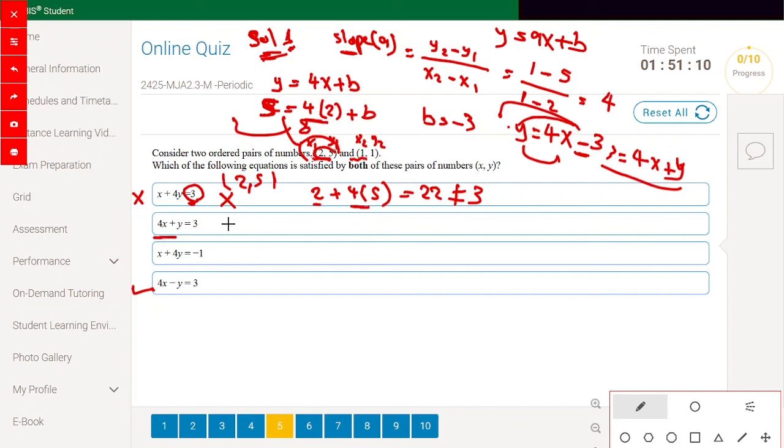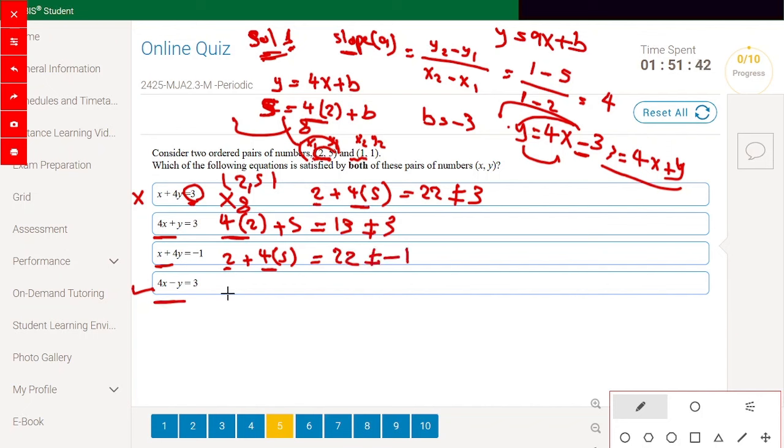Same thing here. We'll take 4 multiply 2 plus 5, which is 8 plus 5 equal to 13, which is not equal to 3. Third one, 2 plus 4 multiply 5, which is 2 plus 20 equal to 22, which is not equal to minus 1.